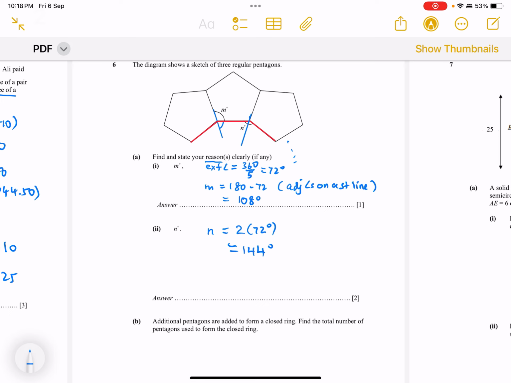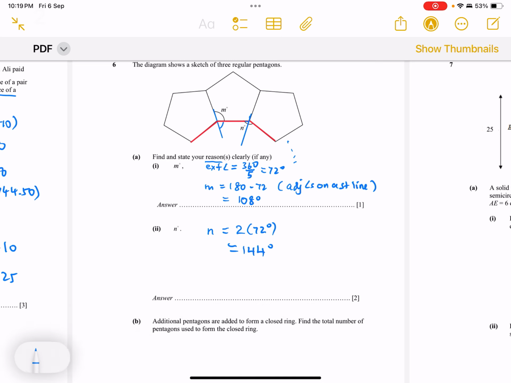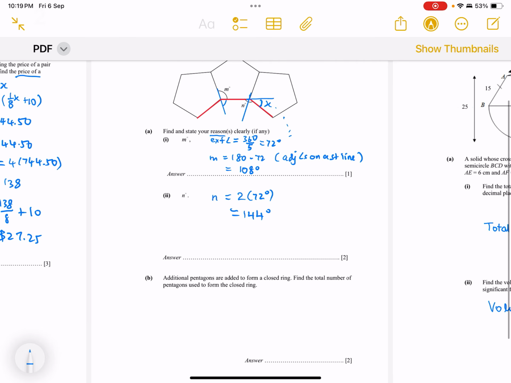So to find the number of sides, we need to find the exterior angle of this new polygon. Let's call the exterior angle of the new polygon X. We already know N, right? So X plus N is 180, so X will be 180 minus N, which is 36.